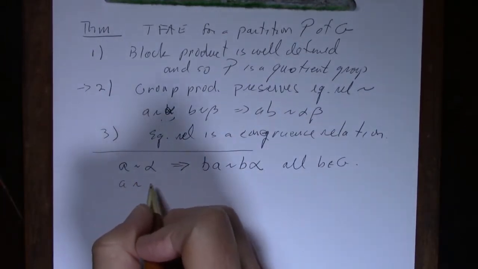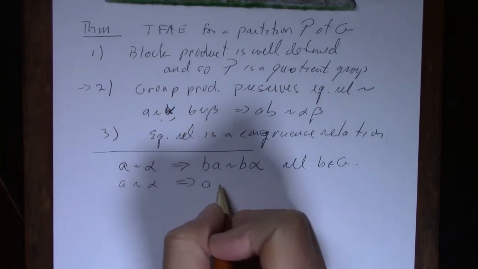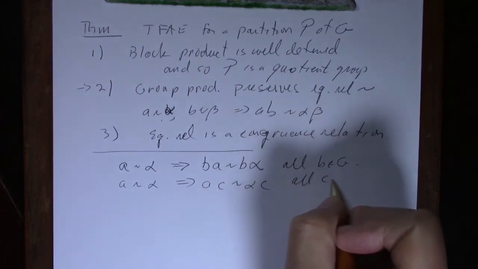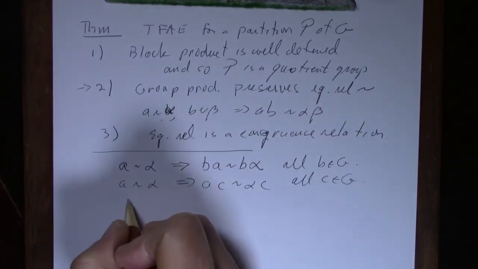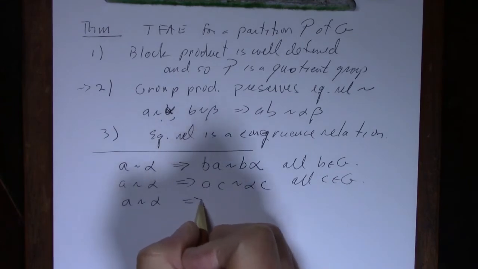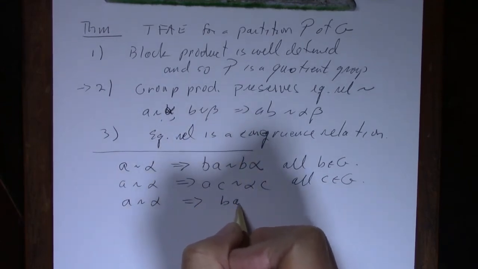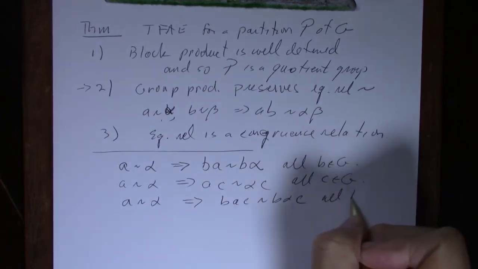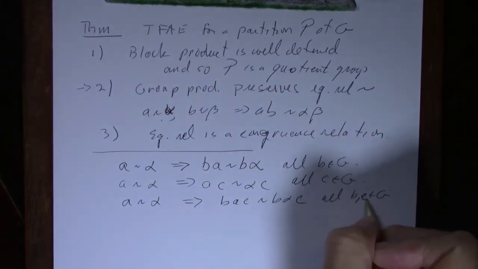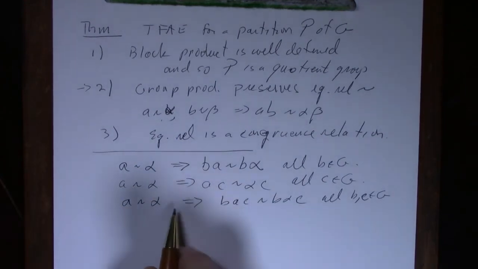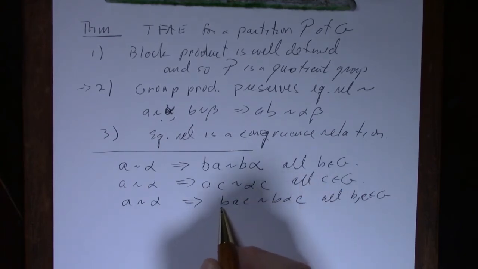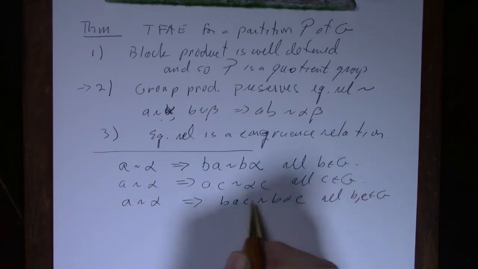We can also post-multiply. Putting these together, B A C equivalent to B alpha C for all B and C in G. But if this holds, then so does its inverse, because if we start with this side, we can pre-multiply by B inverse and post-multiply by C inverse and get back here.